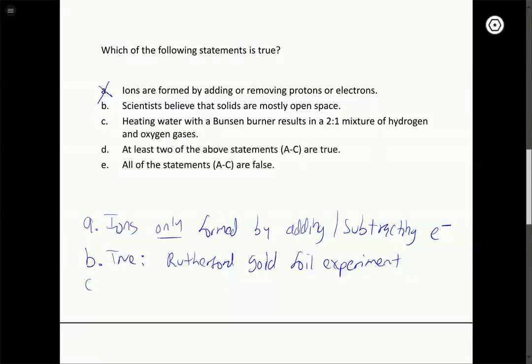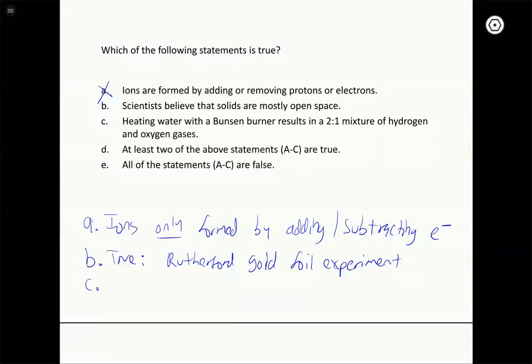Okay, C, we didn't talk a lot in detail about the difference between physical and chemical changes, but here it says heating water with a Bunsen burner results in a 2-to-1 mixture of hydrogen and oxygen gases. If we're just heating water, we know what happens from our own daily life. We're going to start boiling the water, and boiling the water is not a chemical change. We're not breaking the bonds in water to make new substances, hydrogen and oxygen.